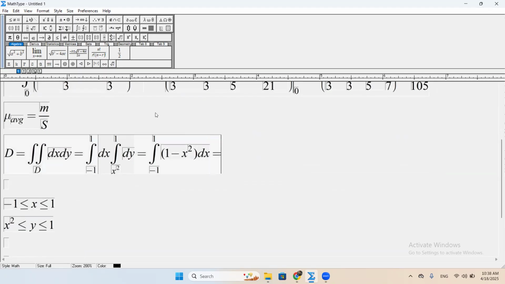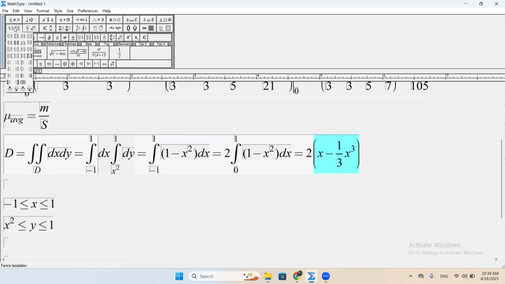Again, this function is even, so we can simplify our calculations a little bit. And what do we have? So the following result: 2 multiplied by x minus 1 over 3 x cubed from 0 to 1.